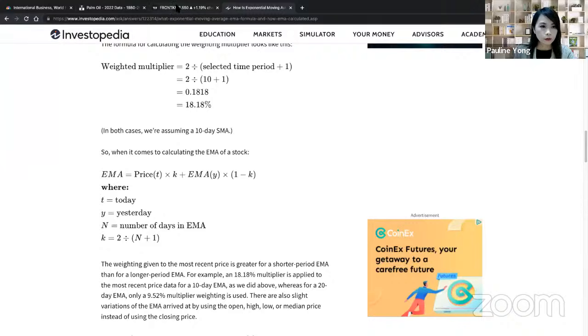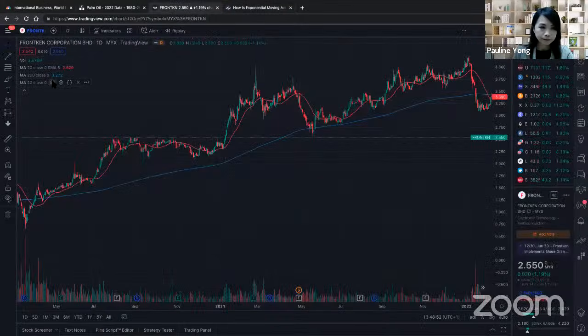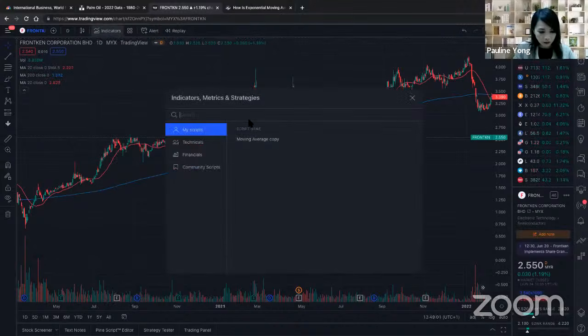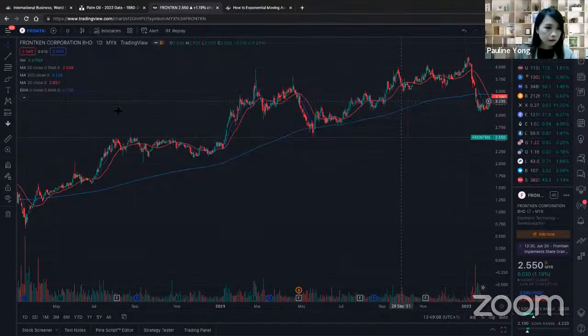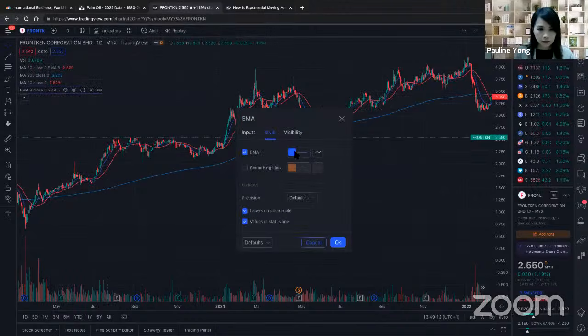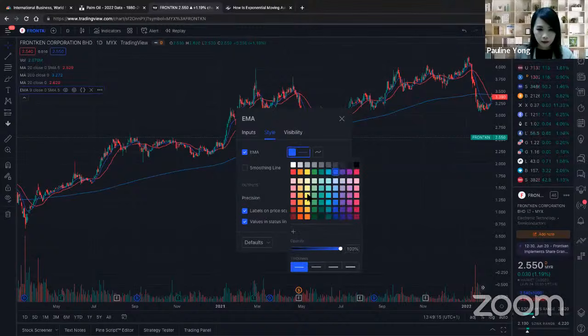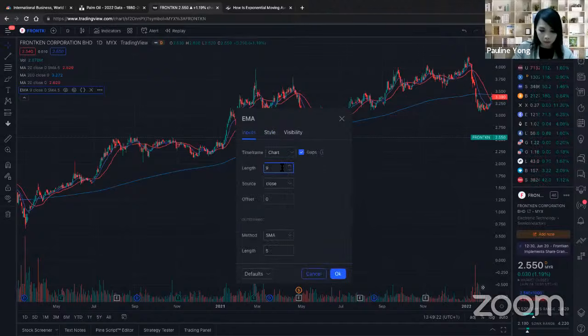If you look at the chart here, let's say we change this to exponential and put one more indicator, and this indicator is exponential. This one is the EMA, and I change the color to purple, and the number here I put 20.